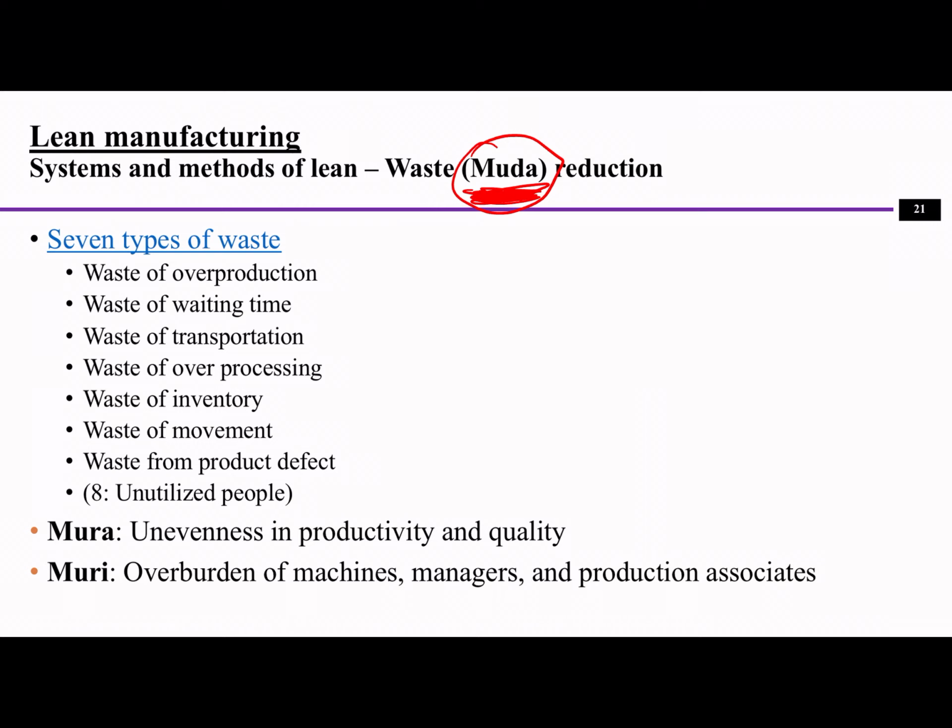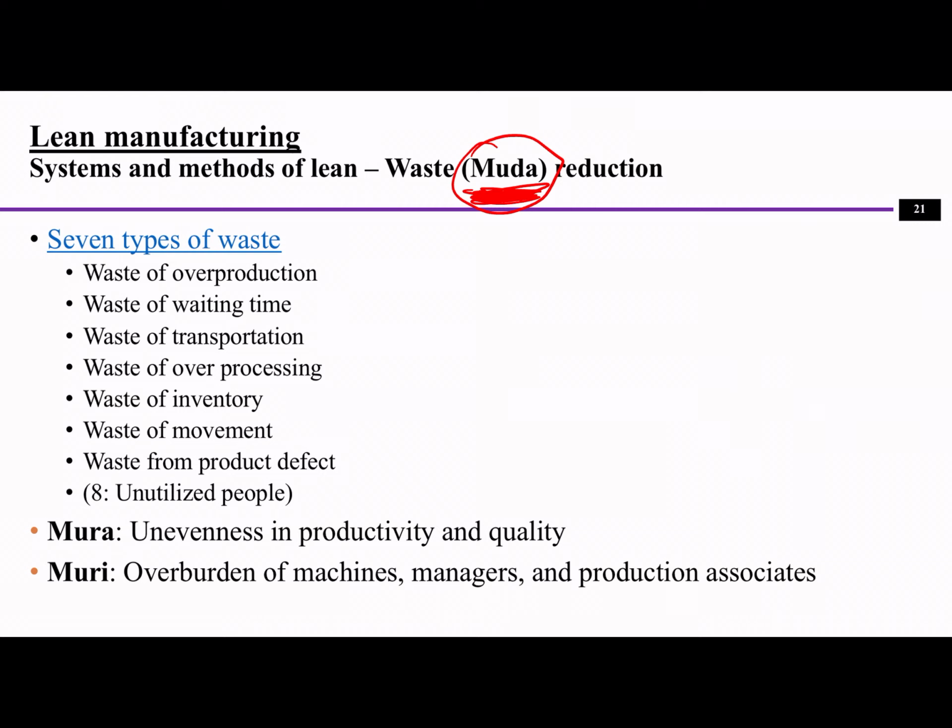Having a pull system will help with that. The waste of waiting is more like when we're doing the cycle time analysis, the imbalance of the processes will result in some waiting. You might want to eliminate or reduce those waitings because they are non-value added activities.